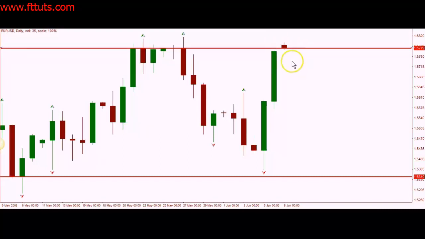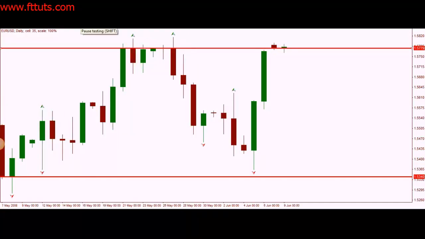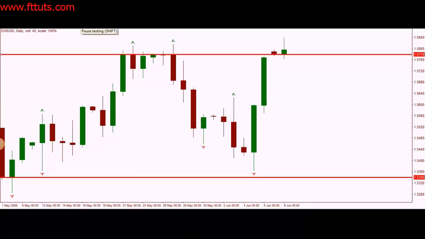So let's see how the next candle plays out, because now we're looking for that evening star pattern based off of these two candles that we see. So this evening star pattern is a three candle formation. Okay, so now I am really starting to think that this is an evening star pattern.